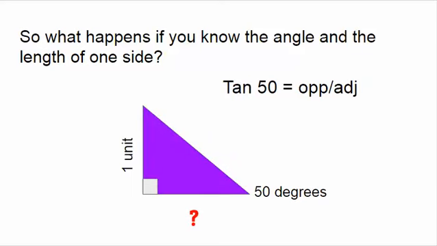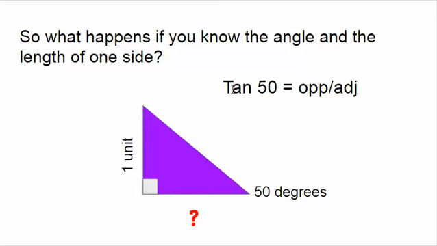So what happens if you know the angle and the length of one side? Well, here we're dealing with 50 degrees. We know the length of the other side, but we don't know the length of this side right here. Well, it happens to be the tangent function.